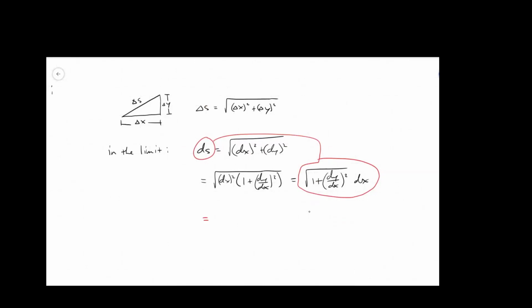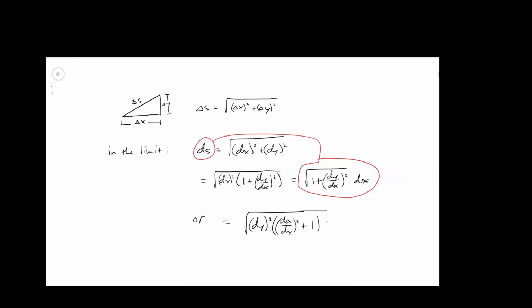But I could have also, instead of factoring out a dx from under there, I could have done this, right? I could have factored out a dy squared instead. And if I would have done that, then I would have gotten dx dy, and that would be squared. And then from the other one, I would have gotten a plus 1.